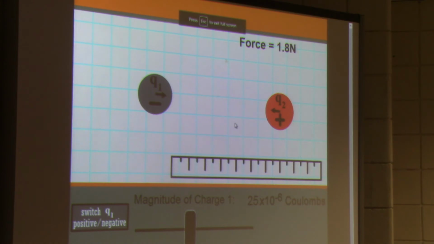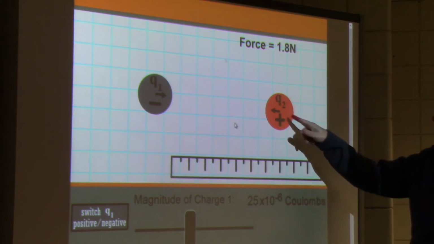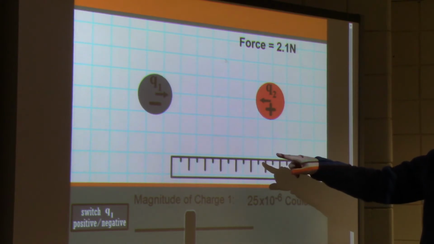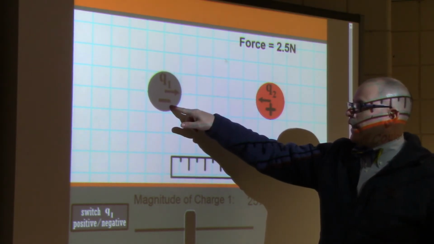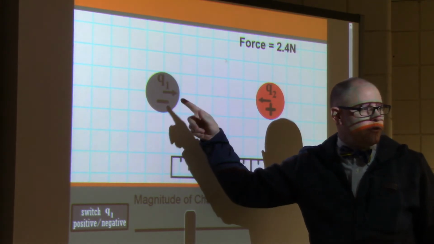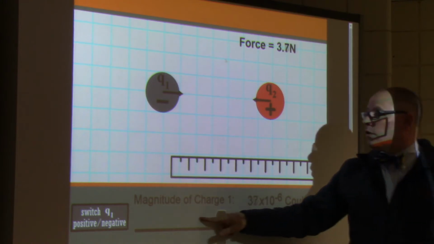Spread it out, and then you can do the thing. I would move them around so that the center is at one of those little blue vertices. And then you can slide the charge here, all right?